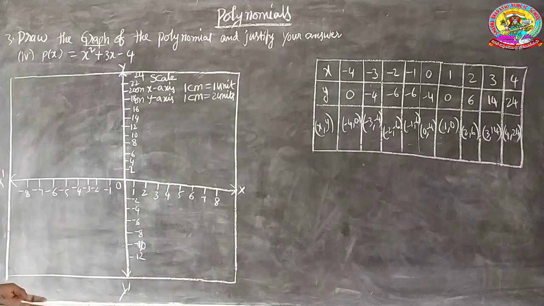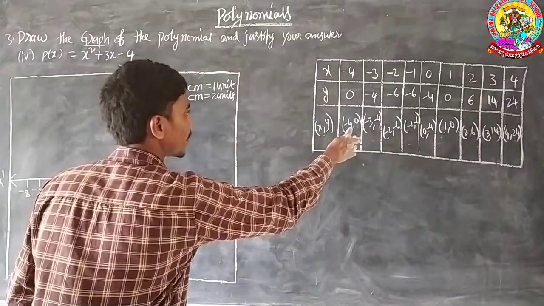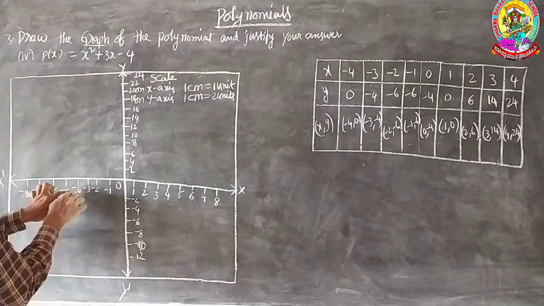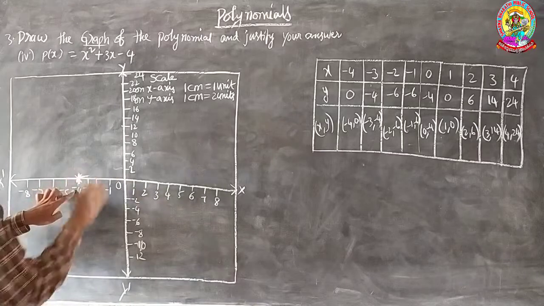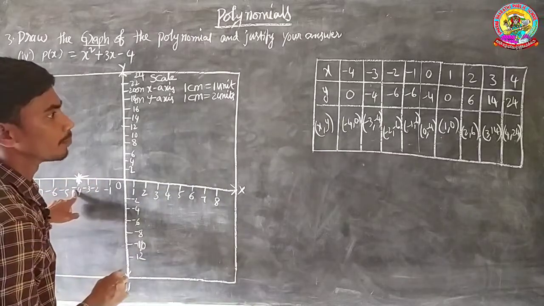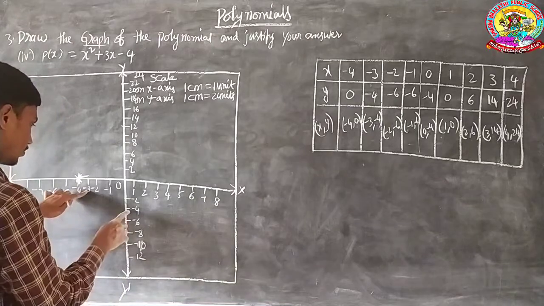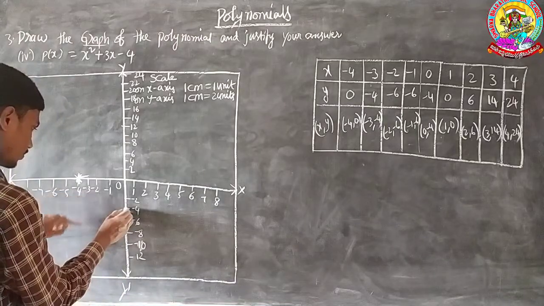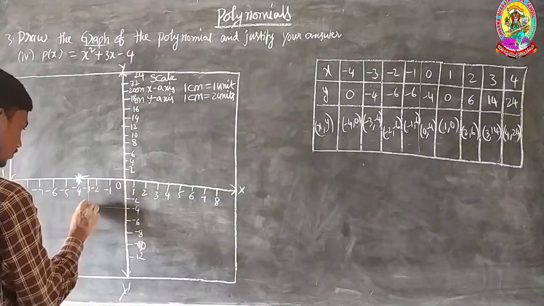So now locate each point on the graph sheet. First of all, minus 4 comma 0, the point is here. Next point, minus 3 comma minus 4, the point is here.